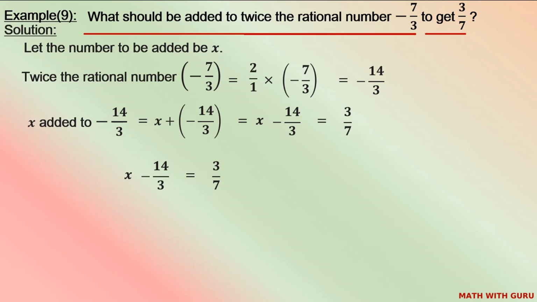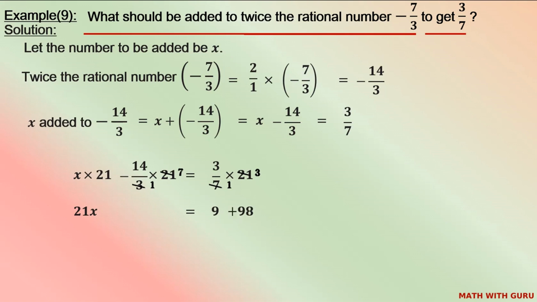LCM of 3 and 7 is their product since they don't have any common factor. 3 times 7 is 21. Let us multiply the entire equation by 21. We get 21x minus 98 equals 9.